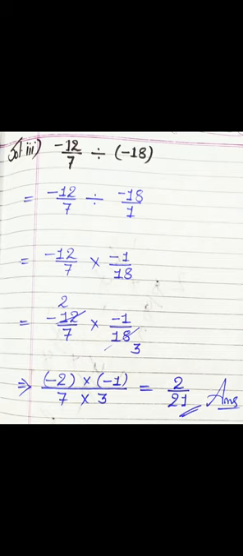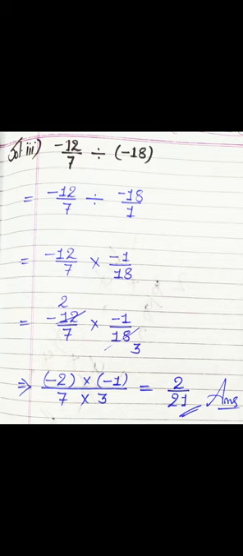Now the third one: here we have to divide minus 12 upon 7 by minus 18. First we write minus 18 as minus 18 upon 1. Now we convert this divide to multiply, and there will be a reciprocal of the second term, so it will become minus 1 upon 18.